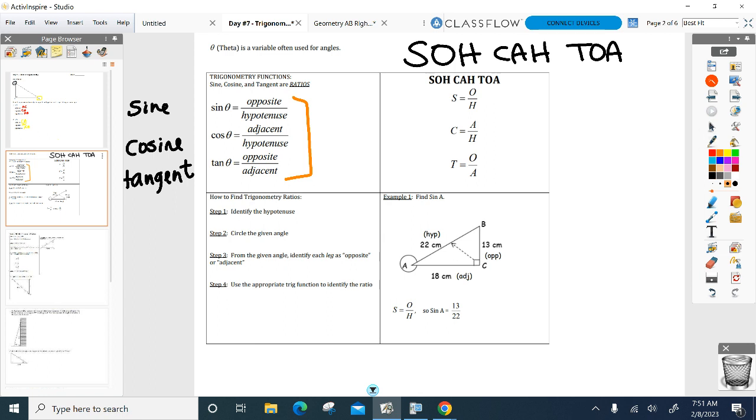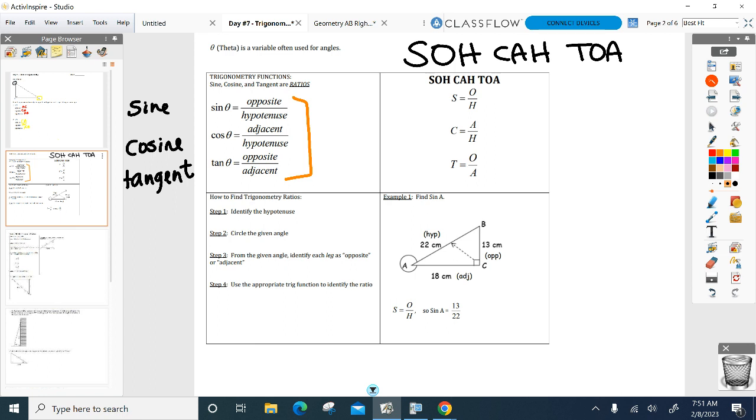How can SOHCAHTOA help us remember the ratios? S for sine. How do you find the sine ratio? What do you think O means? Opposite over hypotenuse. C for cosine: adjacent over hypotenuse.